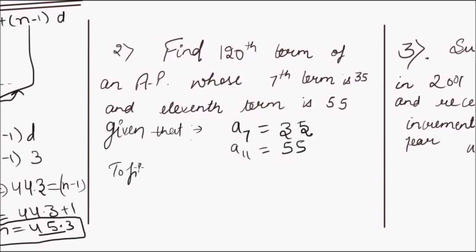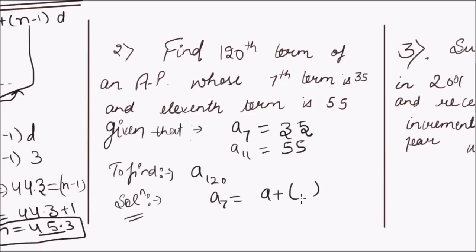We have to find a_120, which can be found out as a_7. What is it? It is a plus (n minus 1), that is 7 minus 1 or 6, into d, which is given as 35.